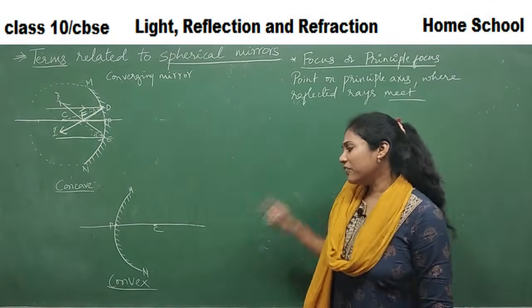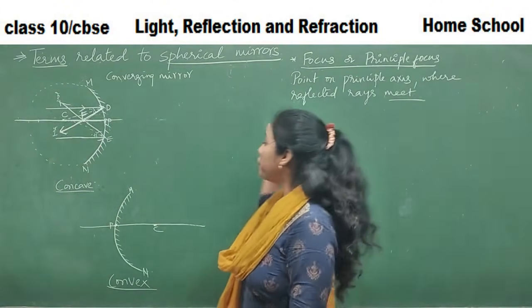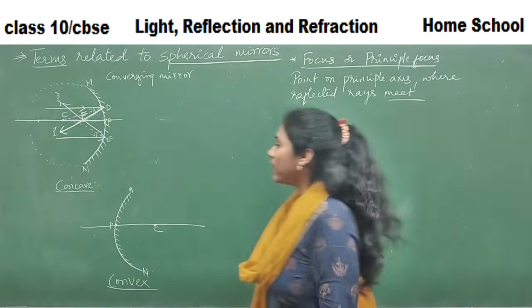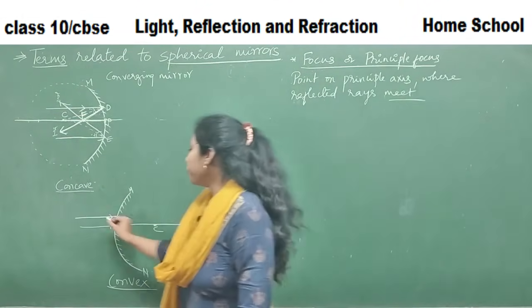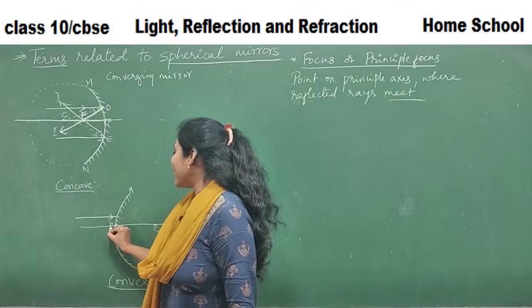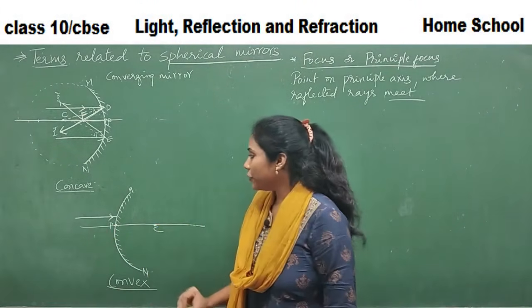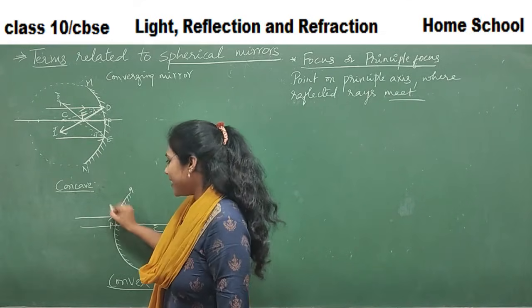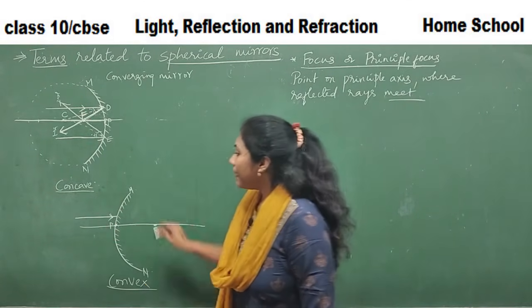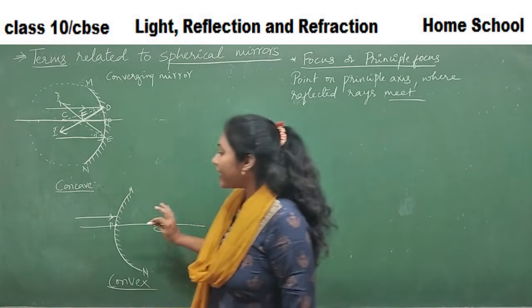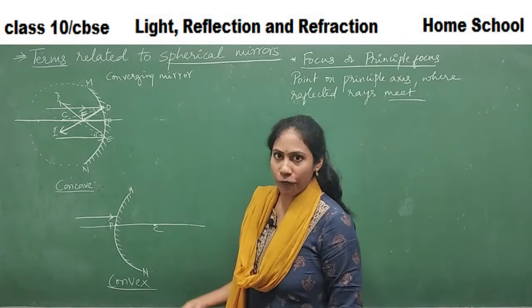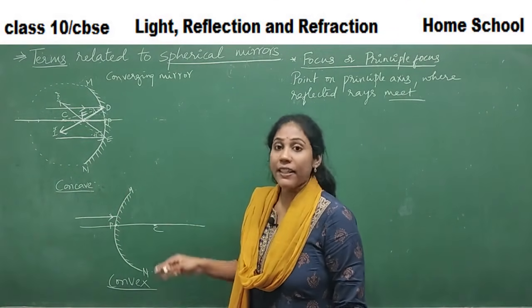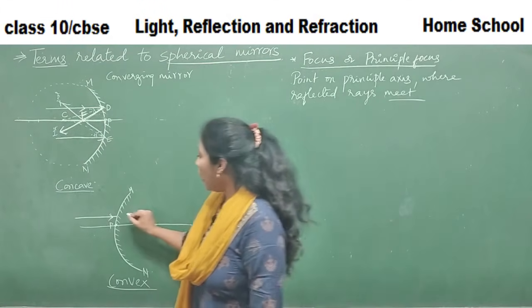In a convex mirror, where do you get that focus point, guys? Let us work it out here also. This is the incident ray parallel to the principal axis. This ray will reflect definitely, but before you draw a reflected ray, you must be able to draw the normal line. So how do you draw a normal here?